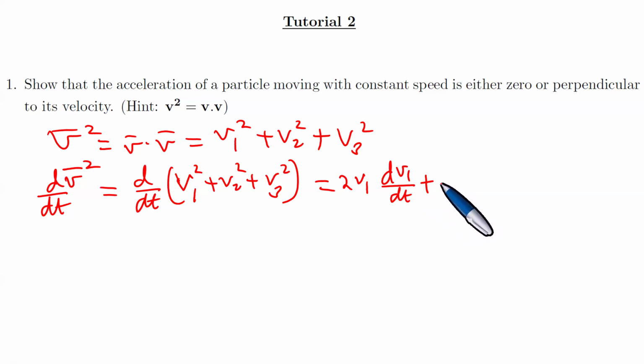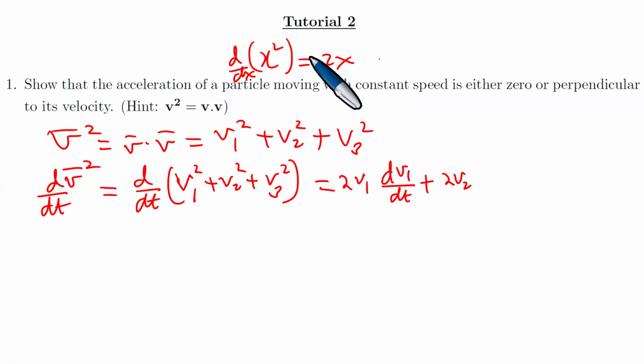Then you continue to find the derivative of the V2 term. So you have 2V2, because it's like the derivative of x squared. What is the derivative? It is 2x, because by the power rule, the derivative of x to the nth power is n x to the power n minus 1. That is the sort of notation we're using.